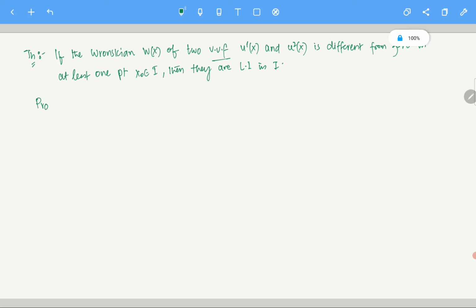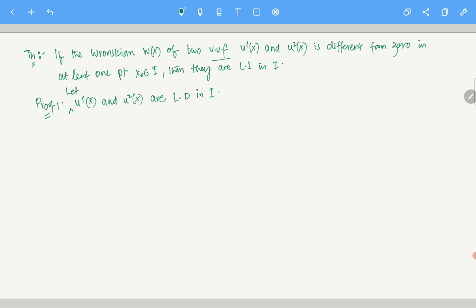So let's look at the quick proof of this statement. Proof. You have to show that this is linearly independent. So let us assume that u1 of x and u2 of x are linearly dependent in I. Essentially I have to show linear independence, so I am starting with a contrapositive statement.